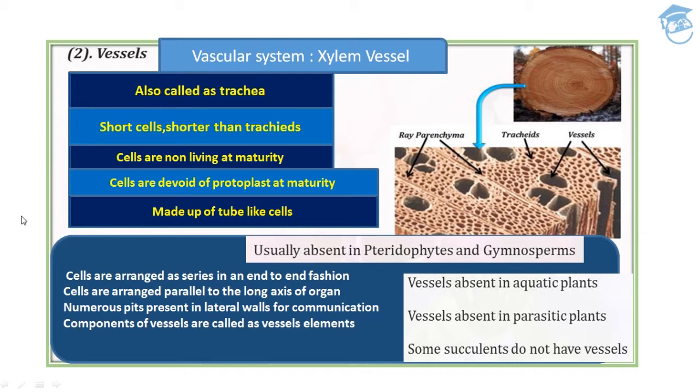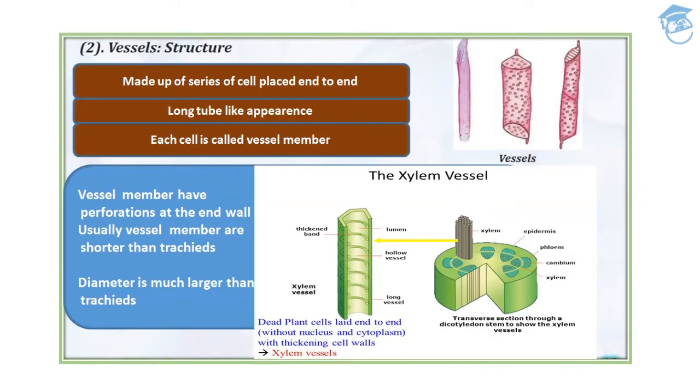Please note that in the xylem vessel, cells are arranged in series in an end-to-end fashion. Cells are arranged parallel to the long axis of the organ, and numerous pits are present in the lateral wall for communication. The components of a vessel are called vessel elements. Now the structure of a vessel: it is made up of a series of cells placed end to end.